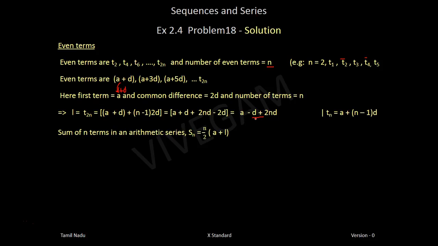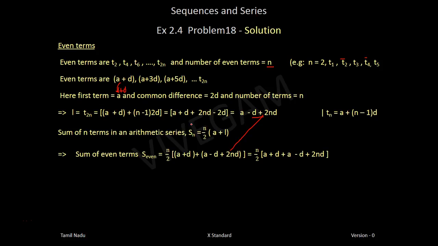So what is our formula for sum? Number of terms divided by 2 into first term plus last term. So the sum of even terms will be n by 2, into first term a plus d plus last term a minus d plus 2nd. So n by 2 and expand this.